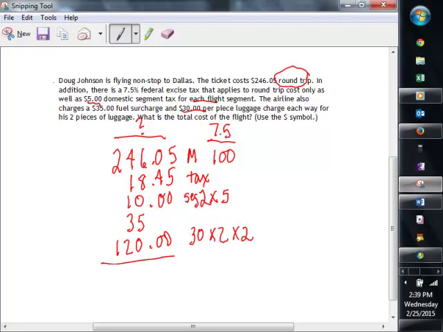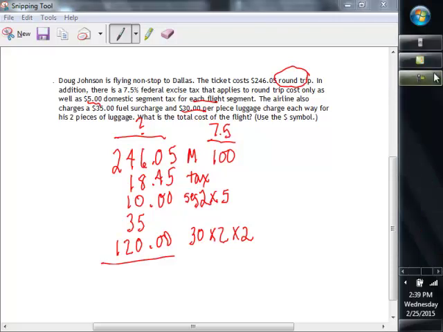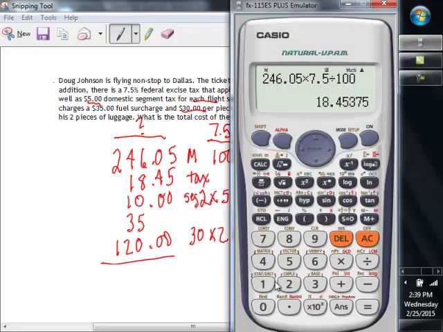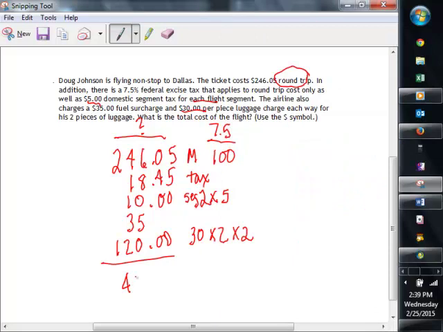So the total that he's going to pay is $246.05 plus $18.45 tax plus $10 segment charge plus $35 fuel surcharge plus $120 for his luggage, which is $429.50.